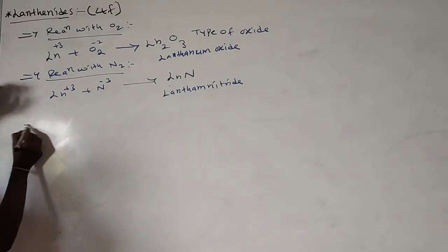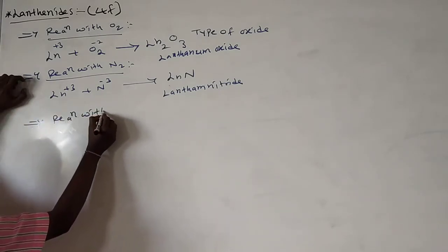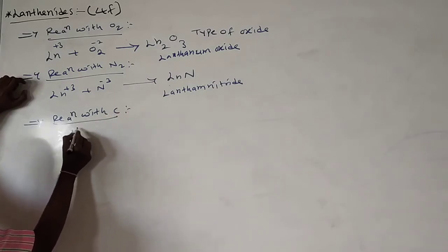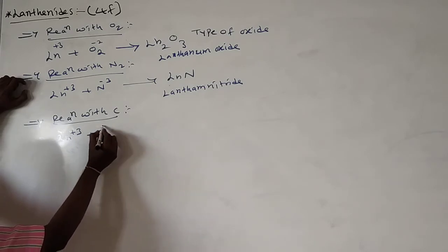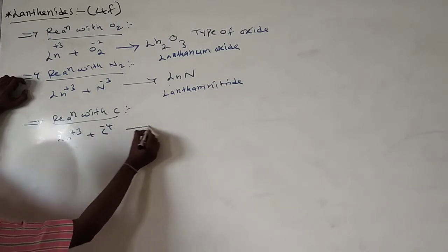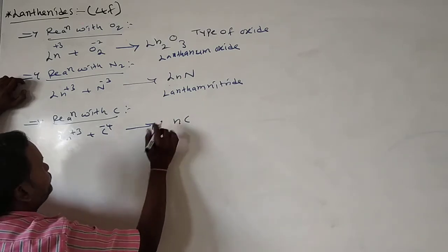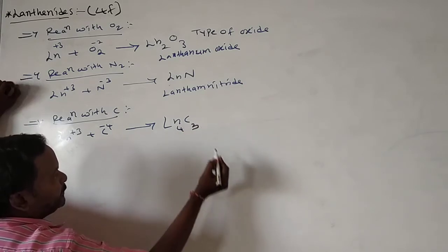Next, it is the reaction with carbon. Lanthanum +3 reacts with carbon -4 and forms Ln4C3.